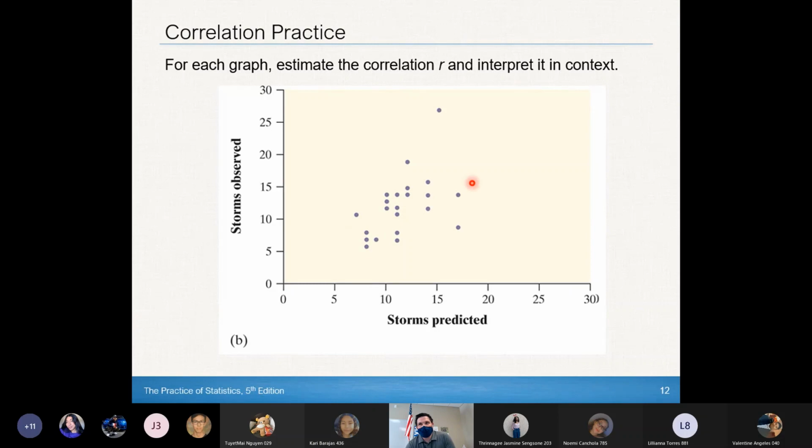This point's going to pull it up a little bit. So we're probably looking at a correlation of about 0.3. It's going to be positive, but weak. Okay, so there's a small association between the storms predicted and storms observed, but it's not very strong.